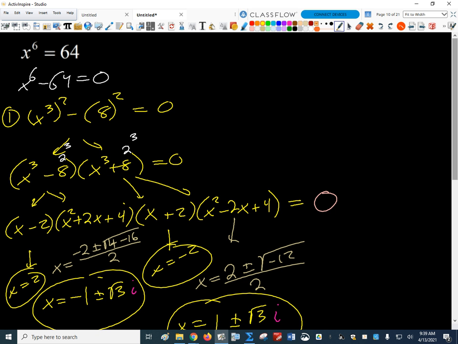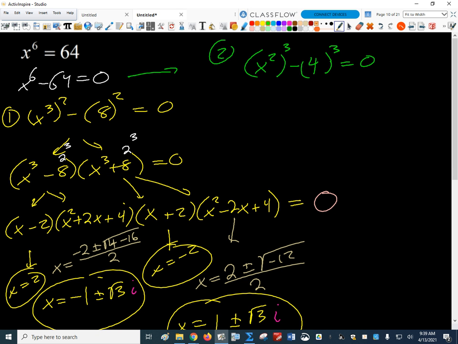The other alternative we had, option 2 here, was to think of this as a difference of cubes first. Tell me stop when you see why this is a bad idea. So we took this thing and we wrote it as x squared cubed minus 4 cubed equals 0.